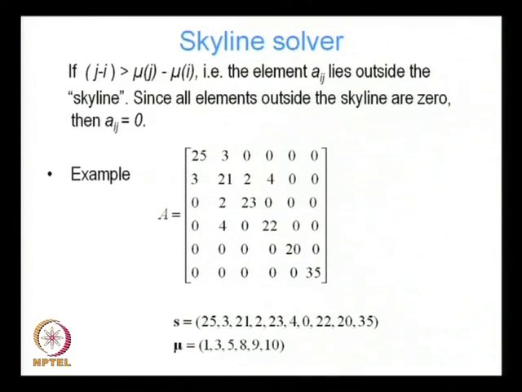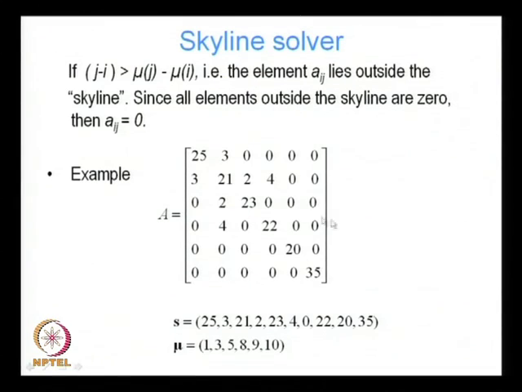So, in the first column we are going to store 25. In the second column we are going to store 3 as well as 21, since 3 is non-zero. But in the third column we are not going to store this leading 0; we are only going to store all the elements at or below the first non-zero entry in the upper triangular part of the matrix in this column, so we are going to store 2 and 23.